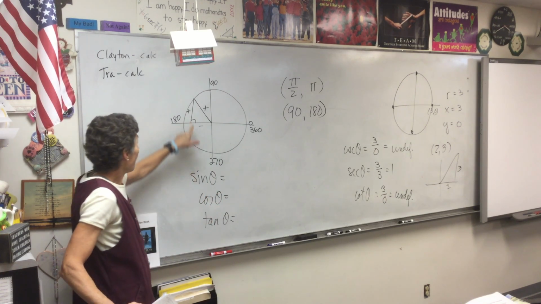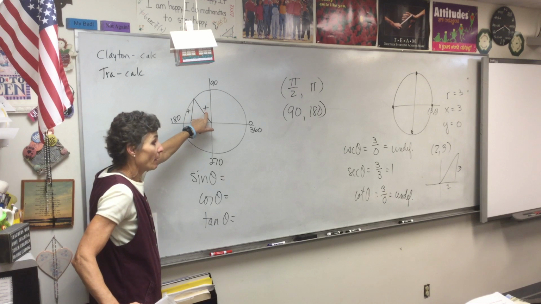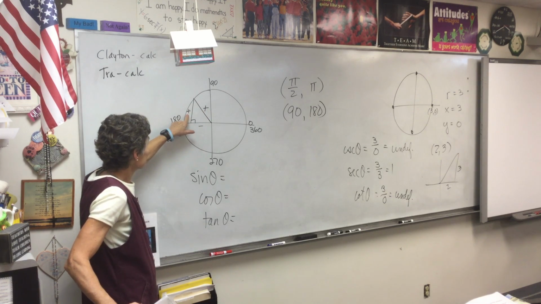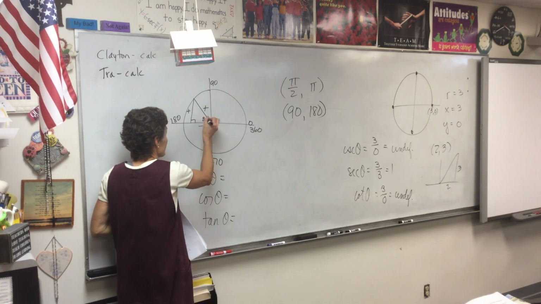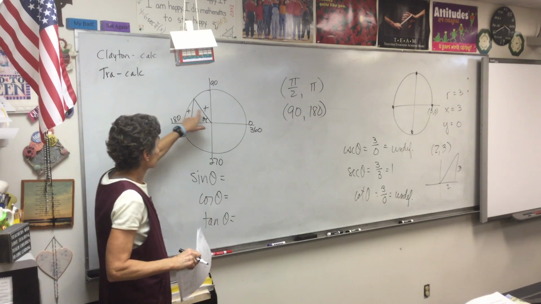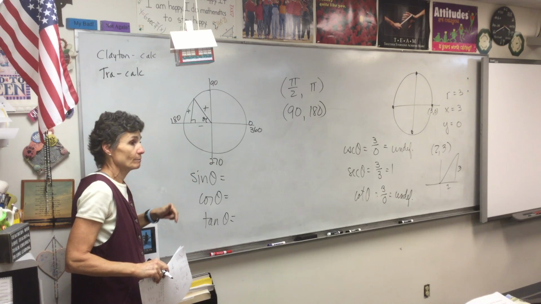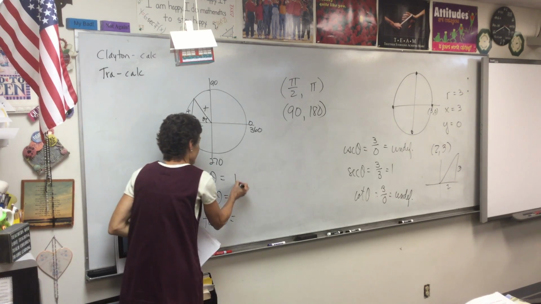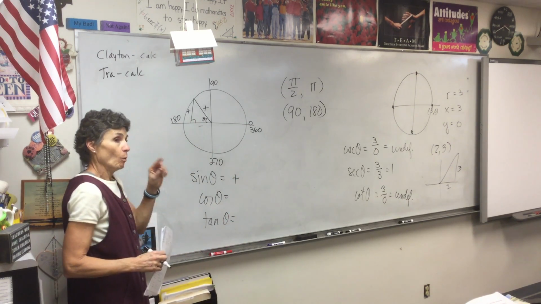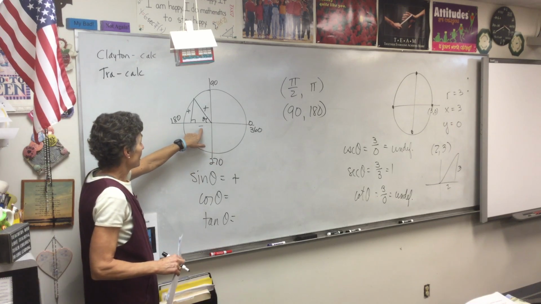Sine, opposite over hypotenuse. Opposite, remember here's theta, always at the origin. Opposite over hypotenuse. Will that be positive or negative? That's going to be positive. But what about cosine?